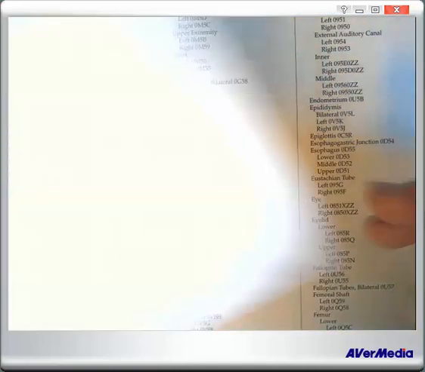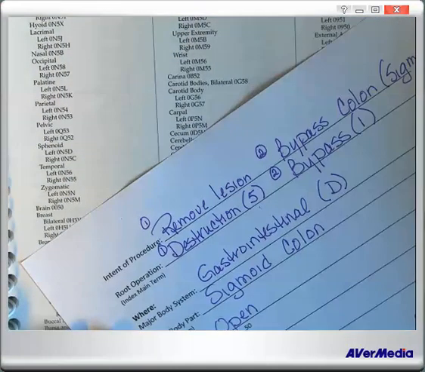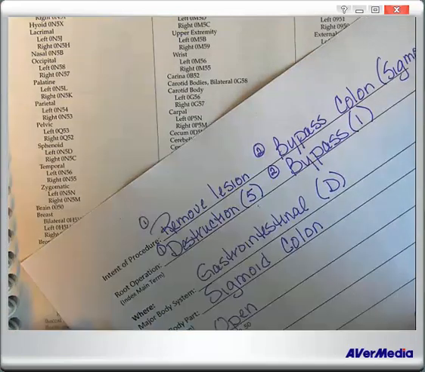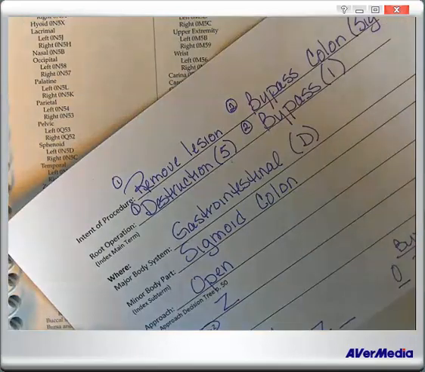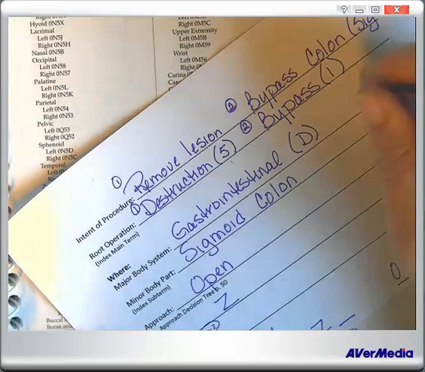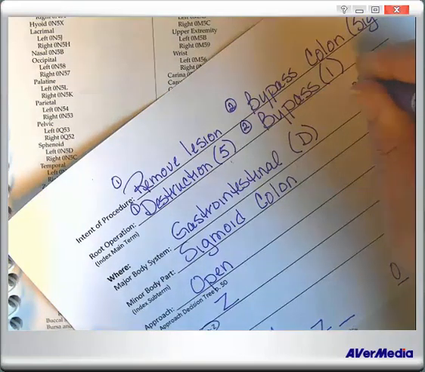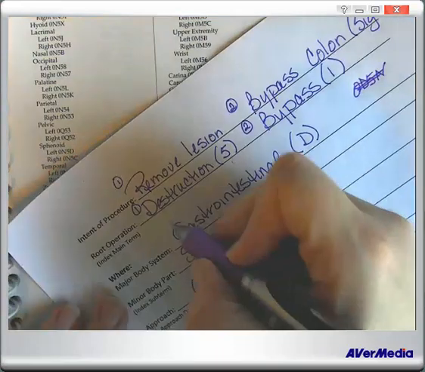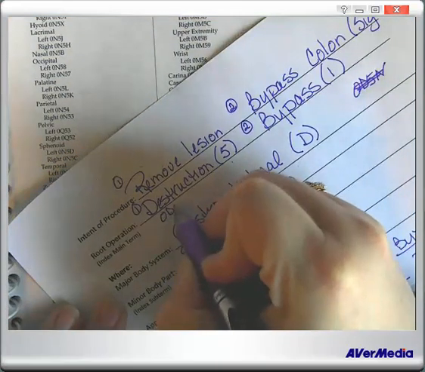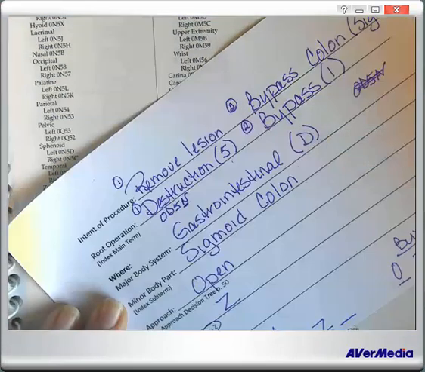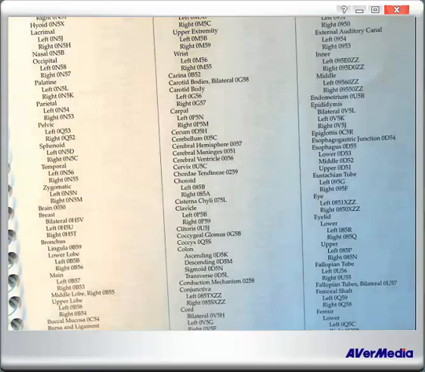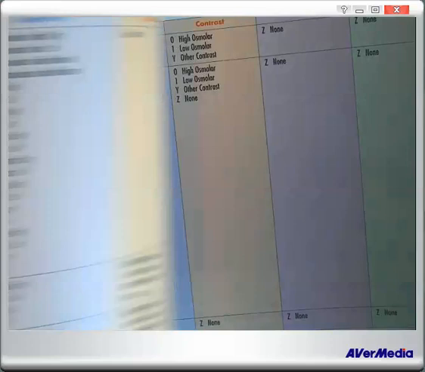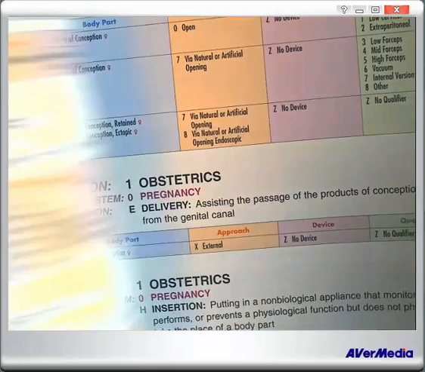So let's just write 0D5N right up here, so that you don't forget, okay? And let's go ahead and look at that particular table.